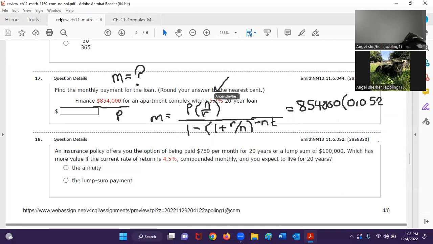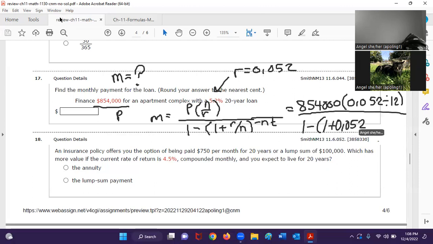And we just write it down, plug it in. So the rate is 0.052 in decimal form, divided by 12. Okay, 1 minus 1 plus 0.052 divided by 12, then raised to the negative N times T, with N being 12, and we've been using that times 20. N is 12 because they're asking us for a monthly payment.